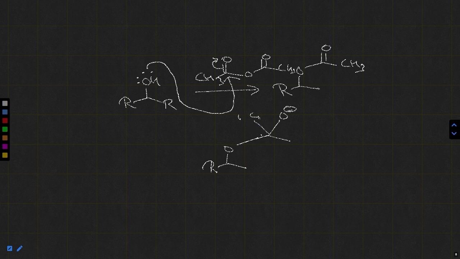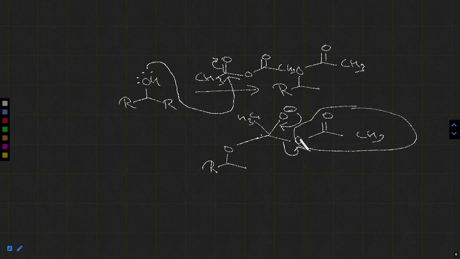We have CH3, we have O and again CH3. Now this lone pair will come back, and this is a very good leaving group, because the negative charge on oxygen is being stabilized on both of these oxygens. So it will be kicked out.